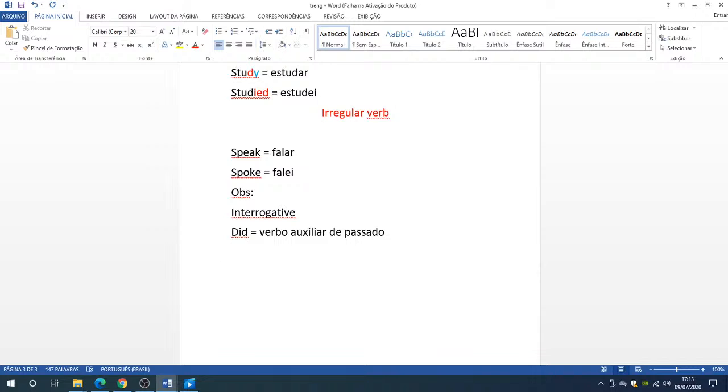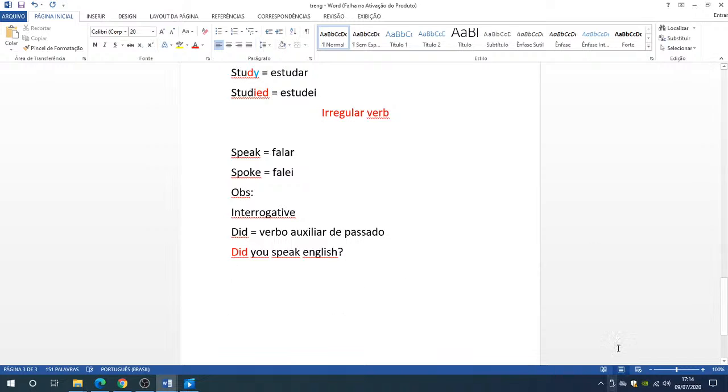Presta atenção, quando isso acontece, o verbo volta para o presente. Não importa se ele é regular, com R de rato, ou se ele é irregular, com I de igreja, ele sempre vai voltar para o presente, porque o did já faz com que a frase toda esteja no passado.